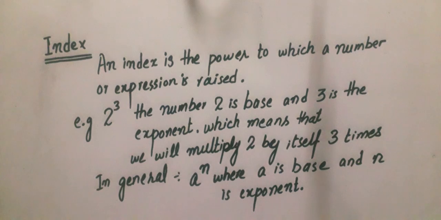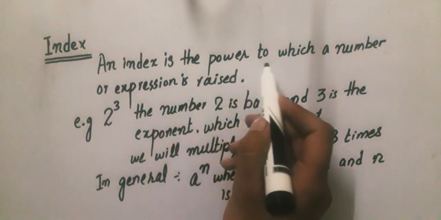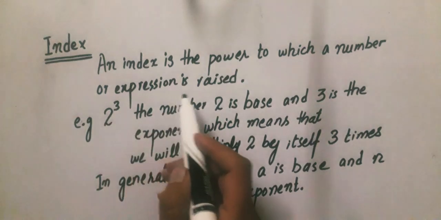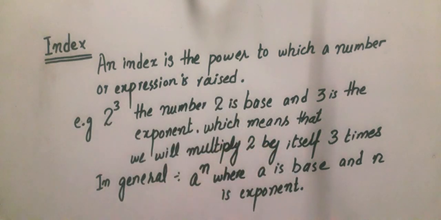I hope you understand the definition of index. An index is the power to which a number or expression is raised. So now we will do some examples to understand this concept.